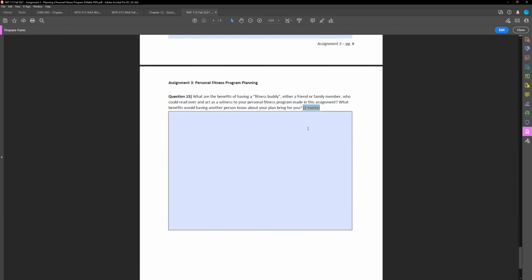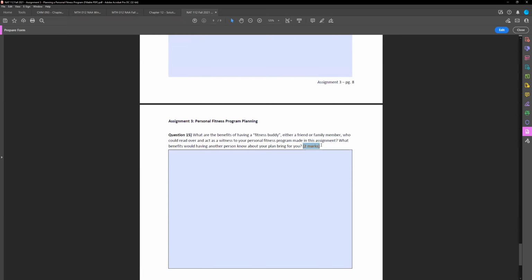Which recorded sessions to watch before attempting this assignment? Whichever needed. The recorded sessions cover body composition, cardiorespiratory endurance, muscular strength and endurance, flexibility, and body composition. Again, we did it as chapter 8 for weight management, and I think chapter 6, which was looking at body composition.